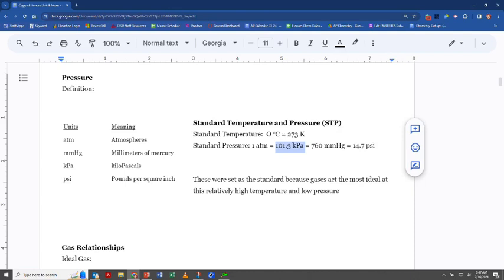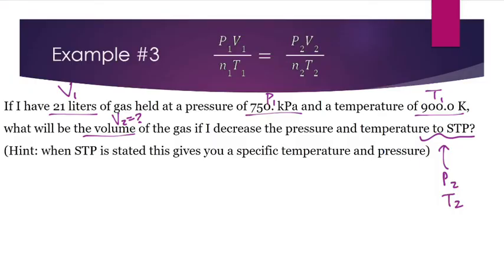So we're going to be using this 101.3 kPa as our P2. So coming back over here, let's write down our P2 as that 101.3 kPa, of course, and our T2 as 273 Kelvin.